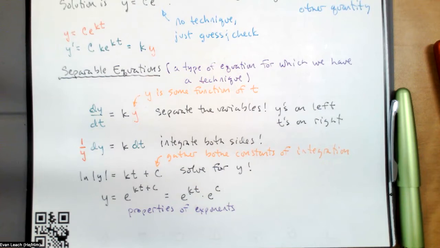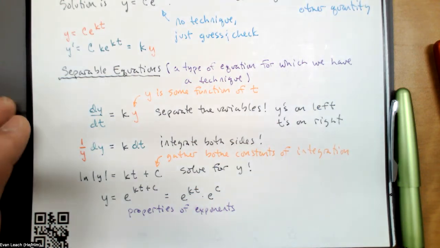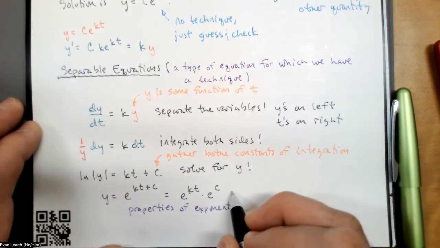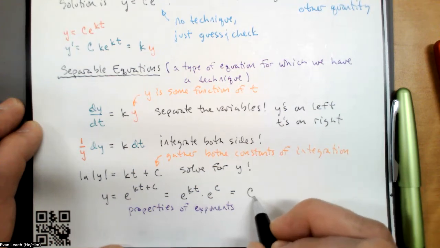So that's just the properties of exponents maneuver. Now my e to the c is an arbitrary constant. C is arbitrary, so e to the c is also arbitrary. So I'm just going to call it c.